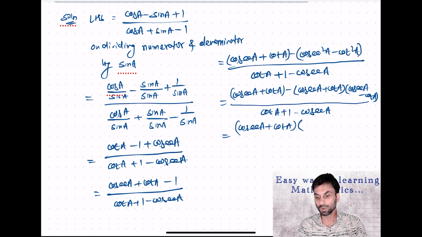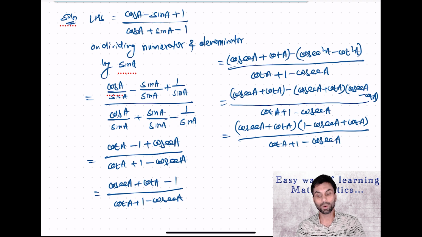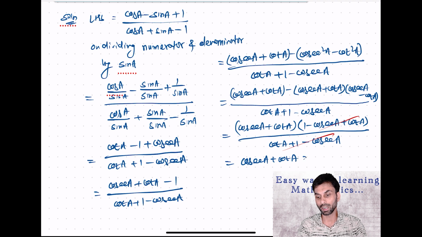We will get 1 minus cosec A plus cot A upon cot A plus 1 minus cosec A. Now we observe that 1 minus cosec A plus cot A is the same in the numerator and denominator. So we can cancel out these factors and we will get the value cosec A plus cot A, which is the RHS. This is how we can prove this question.